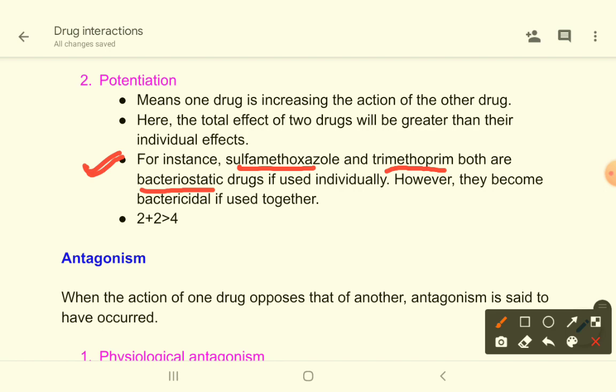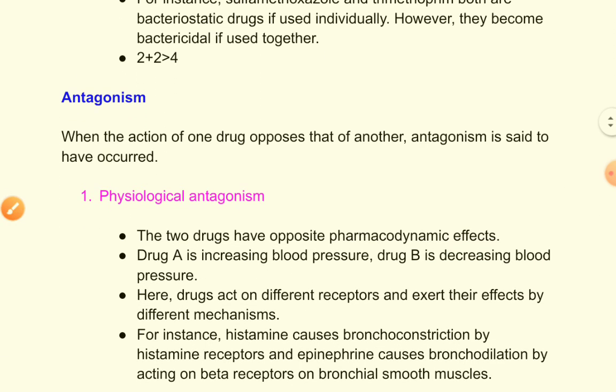And bactericidal means when an antibiotic can kill bacteria, that drug is called bactericidal. Now individually these two drugs are bacteriostatic. However, if you give these two drugs together simultaneously, then they become bactericidal. So their action has been increased. That is potentiation.